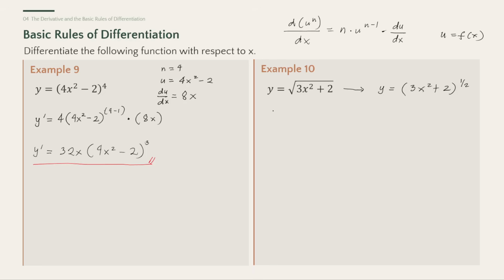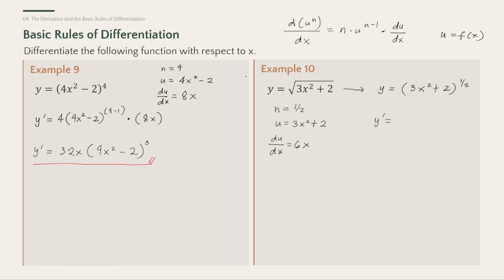So from this, our n, the exponent, is 1 half. u is 3x squared plus 2, and the derivative of that is 6x. The derivative of 2 is 0. So yeah, 6x only. And then to get the derivative, y prime, we just need to follow the formula again.